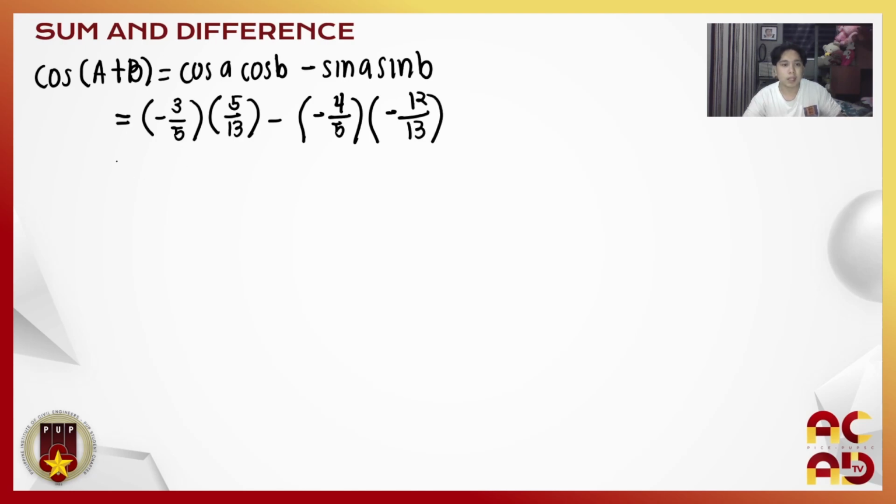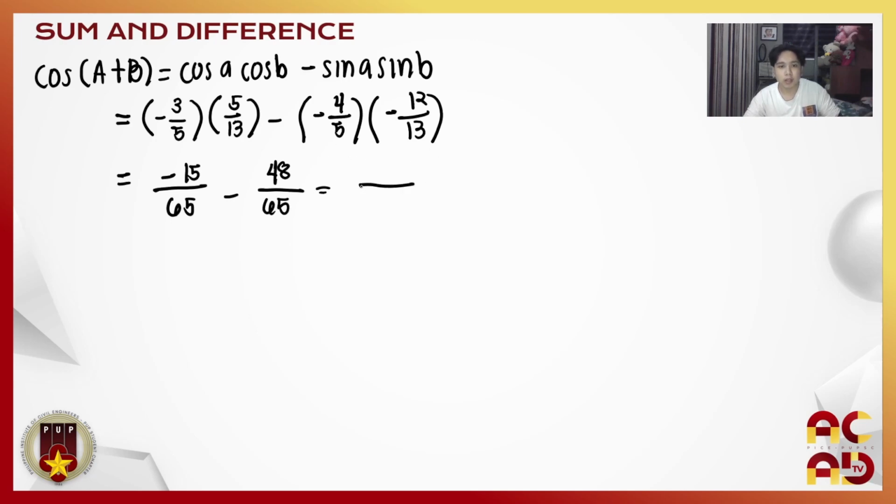So, simplify lang natin. Numerator to numerator. So this will be negative 15. And then 5 times 13 is 65. Then minus, numerator to numerator, we have here 4 times 12 is 48, over 5 times 13 is 65.